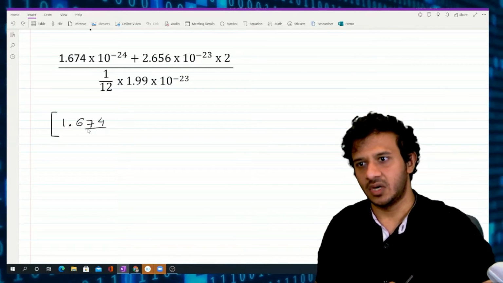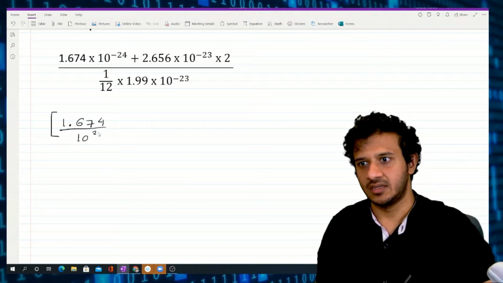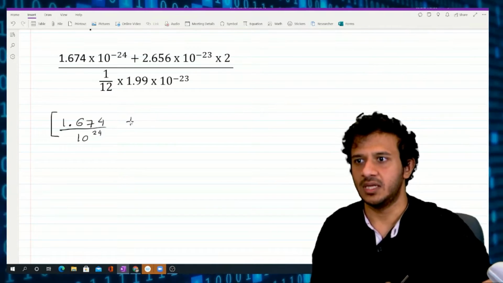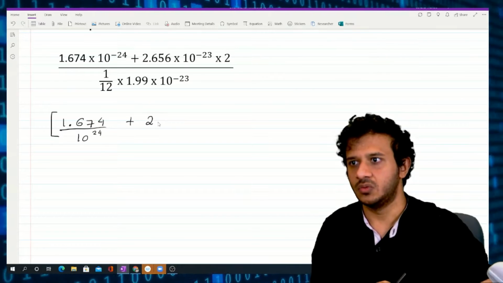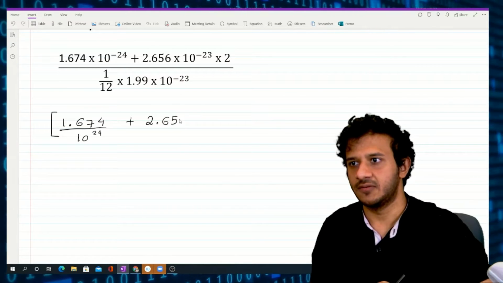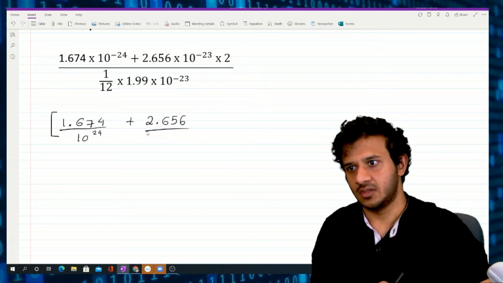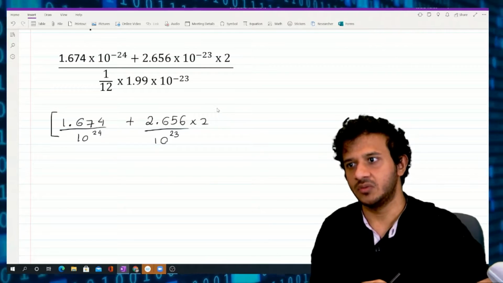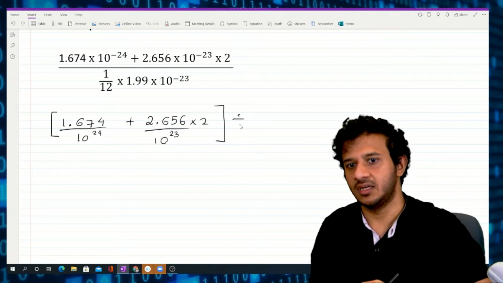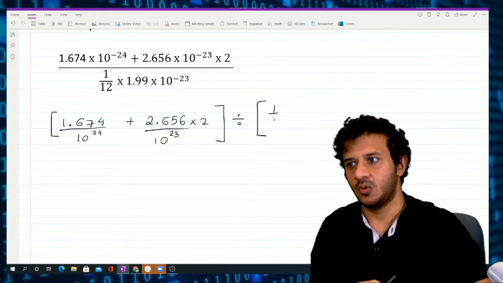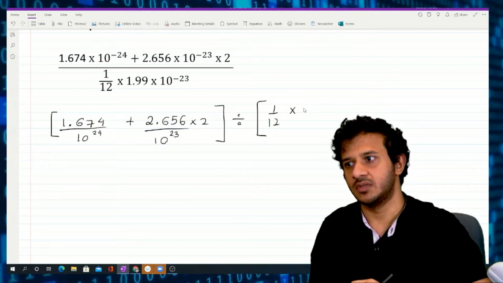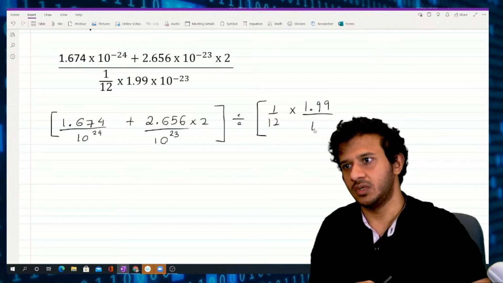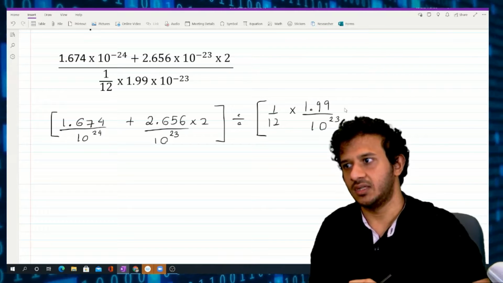So I would write the denominator as 10 to the power of positive 24, then plus 2.656 over 10 to the power of positive 23 multiplied by 2, and that whole thing divided by 1 over 12 times 1.99 over 10 to the power of 20.